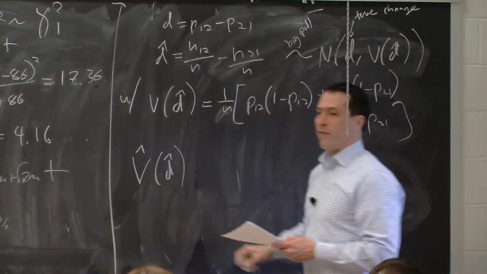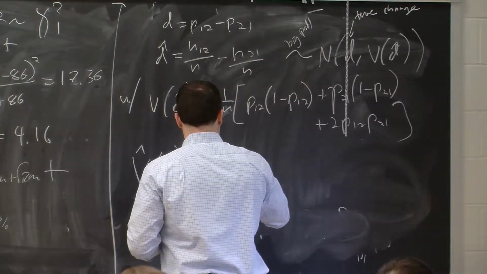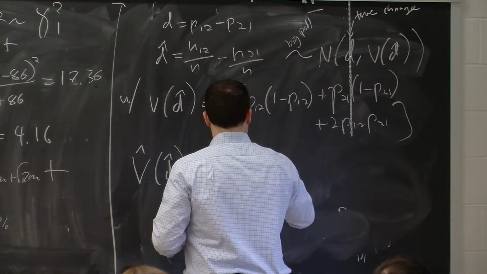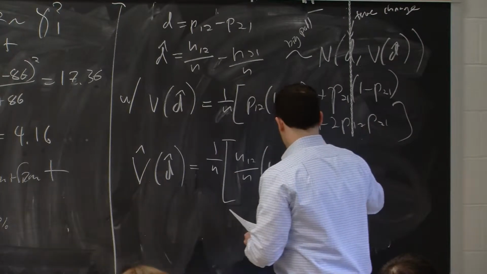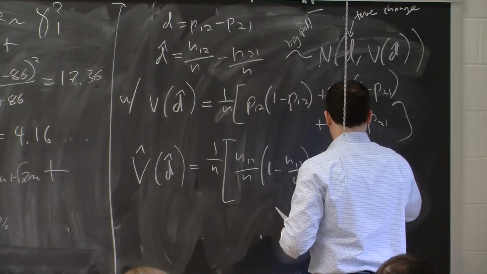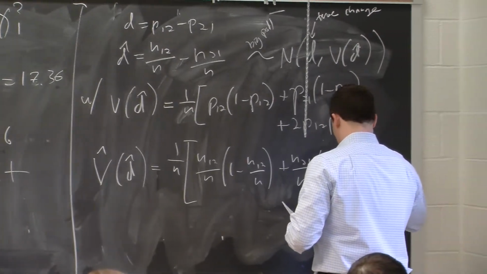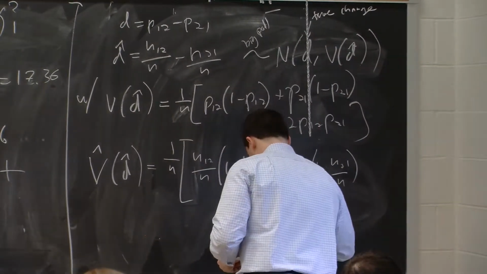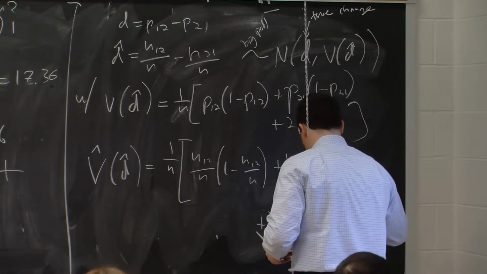What we need is an estimated variance from the data itself. And that will be n12 over n times (1 minus n12 over n), plus n21 over n times (1 minus n21 over n). So this is just a plug-in estimate, plus 2 n12 n21 over n squared.